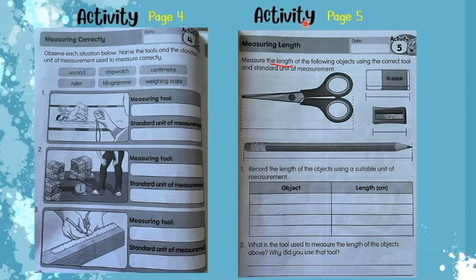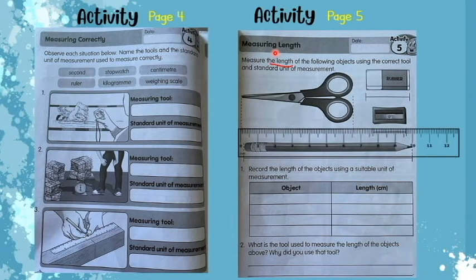Let's look at page 5. Measure the length of the following objects using the correct tool and standard unit of measurement. What tool do we use to measure the length? Yes, correct. It's a ruler. For example, to measure the scissors, you need to put your ruler next to the scissors.